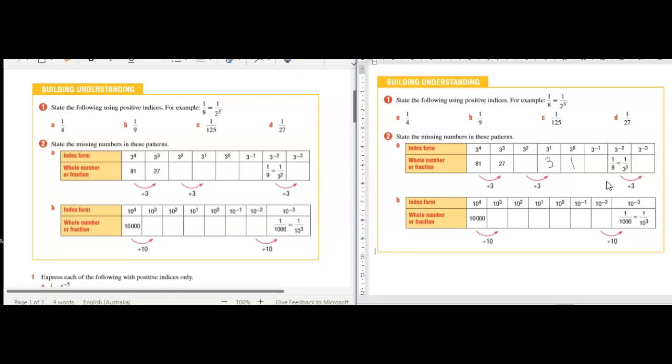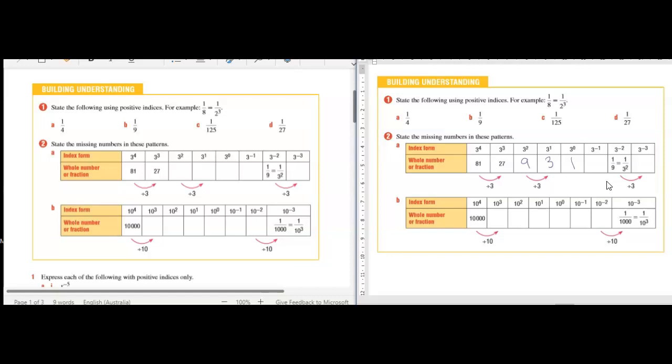So if we're going in the left direction, we're multiplying by 3 each time. If our powers are increasing, we're going up by a factor of 3. So 3 squared is 9. But the little hint down here: if we were going in the right direction, we're dividing by 3.